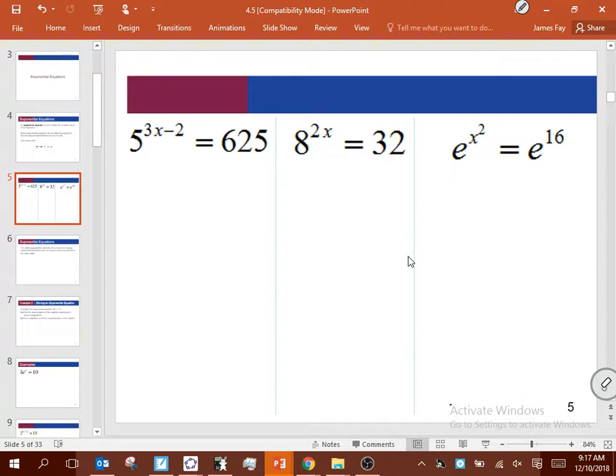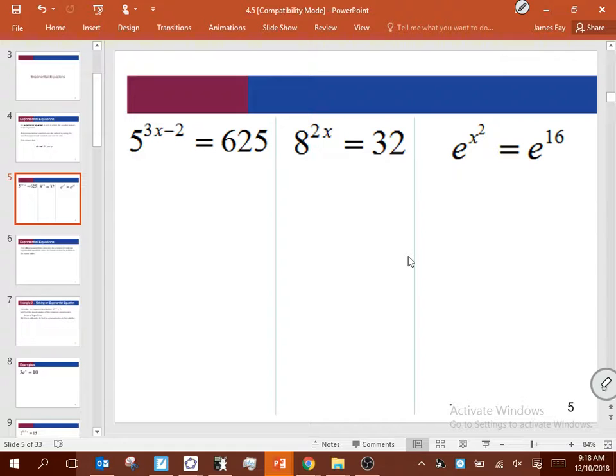Before you start doing anything on any exponential equation, you want to think about, can I rewrite, manipulating my laws of exponents, the left-hand side and the right-hand side so that they have the same base? If I look at 5 and the number 625, is there a relationship between those two?